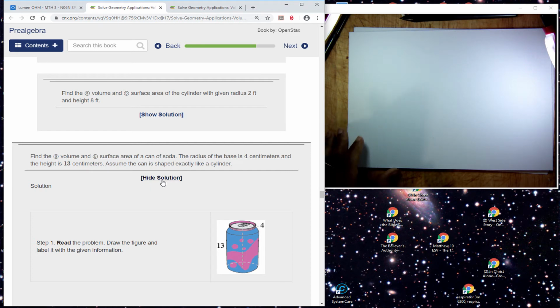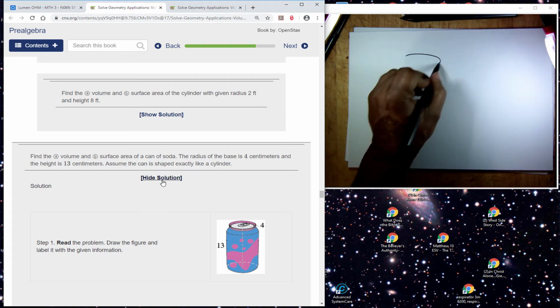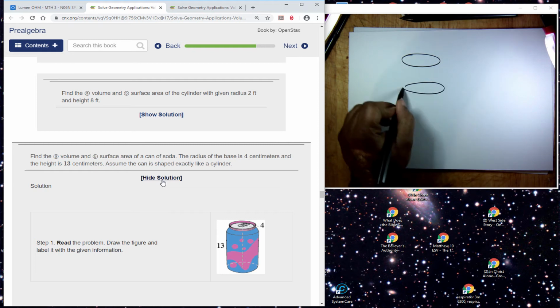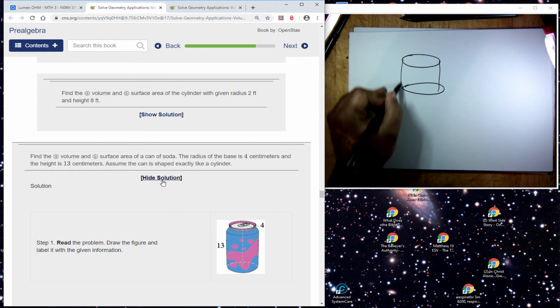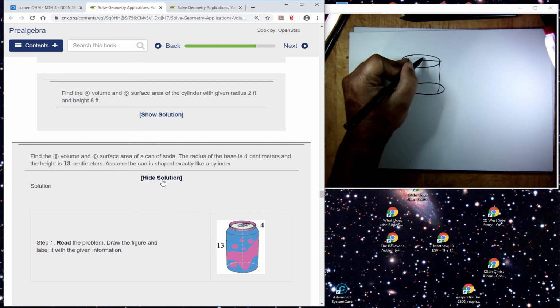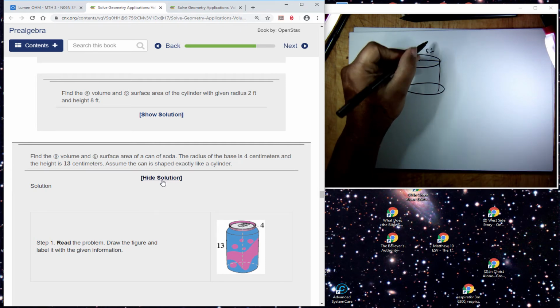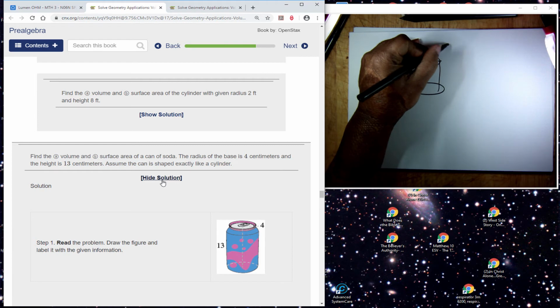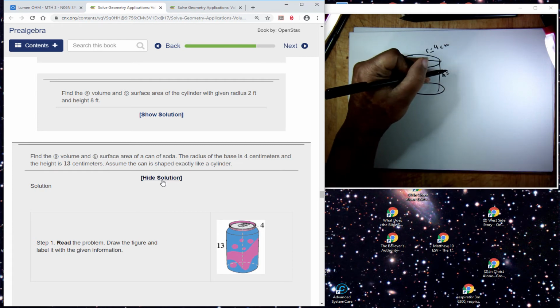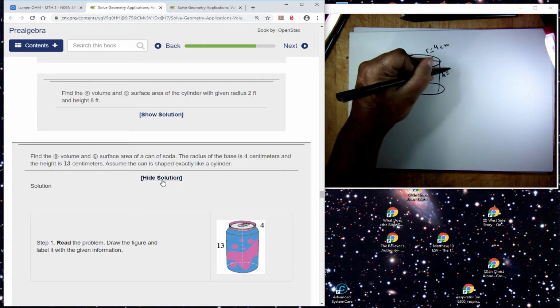Find the volume of a can of soda here. r is equal to 4 centimeters. The height is 13 centimeters.